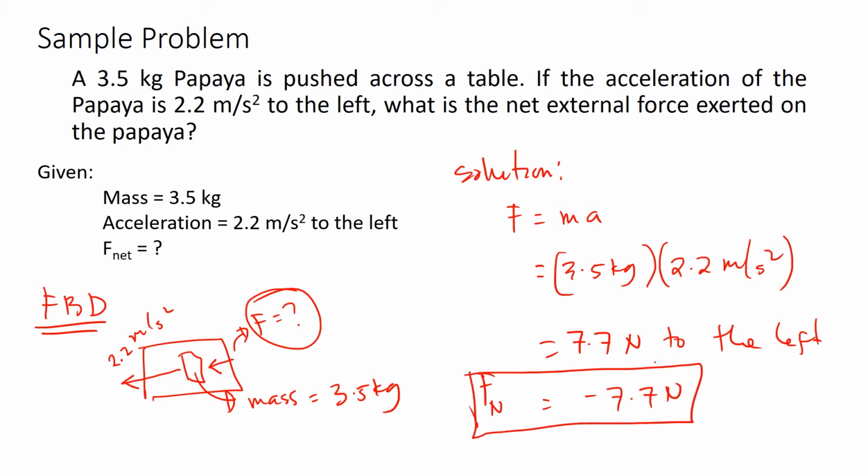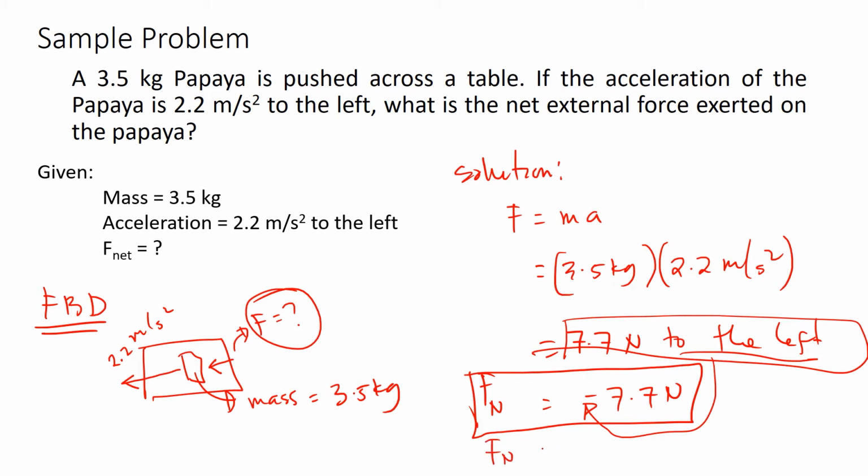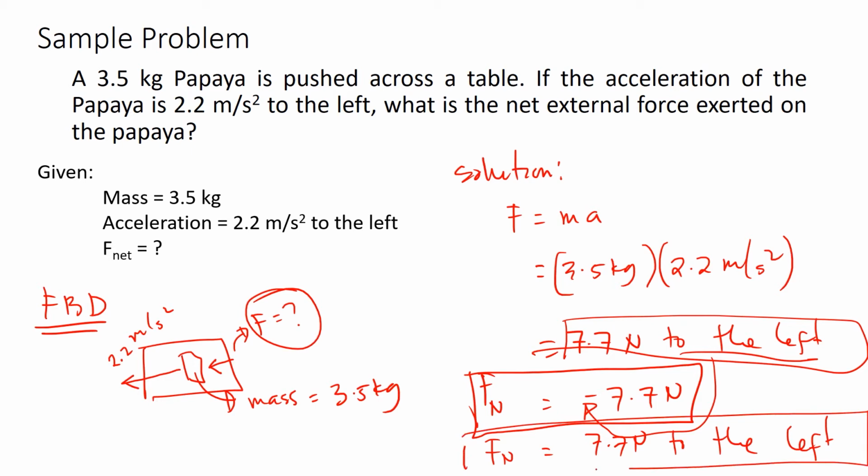So the answer can be this one, or if you want to express the direction word as a sign, we can use this expression here. In other words, I can also write the answer as 7.7 newtons to the left. So it's just the same as this answer here.